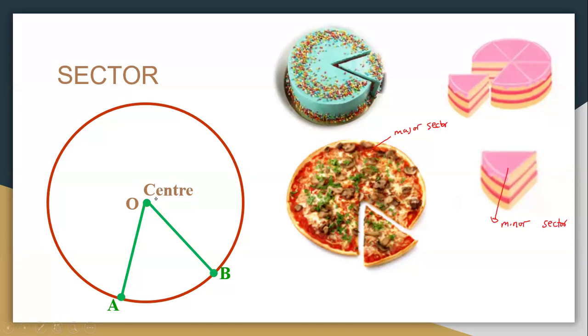What are you noticing? You're noticing that when they are cutting the piece, always they start from the center towards the circumference. So a sector is formed by two radii. You have a radius from O to A and a radius from O to B. So whenever you have two radii, it means that those two radii are going to be forming what you call a sector.